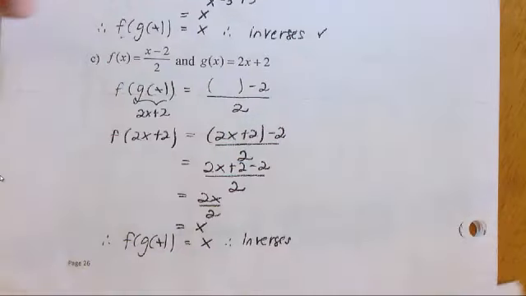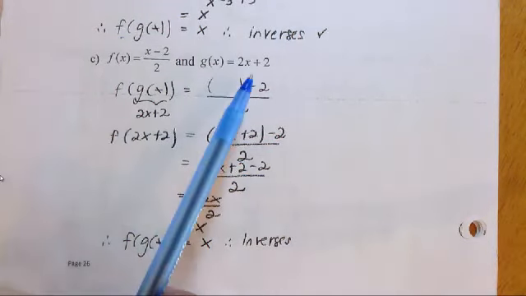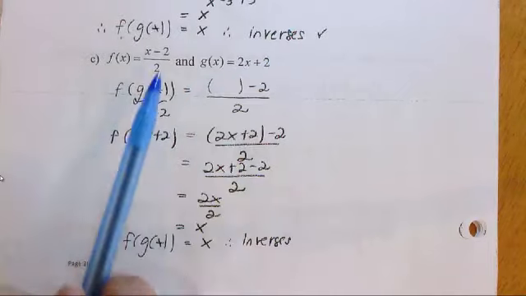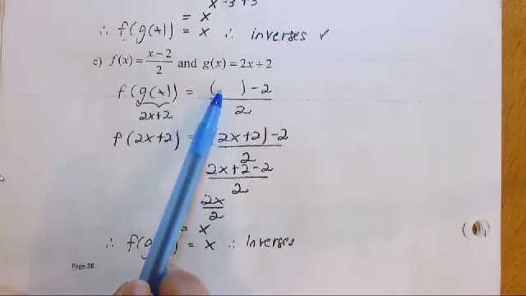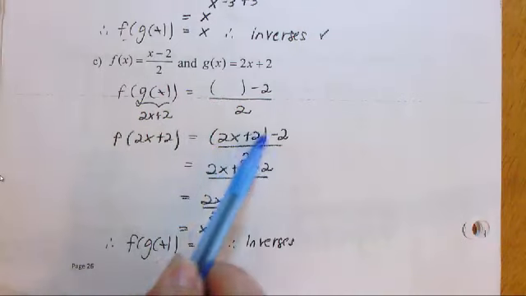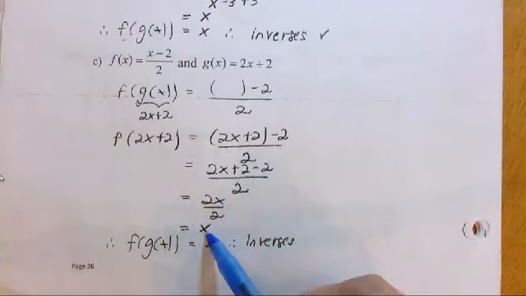And the last one is exactly the same. Whatever g of x was goes in place of our x here. Then we simplify what we have on our right hand side and we end up with x, and that's the result we want.